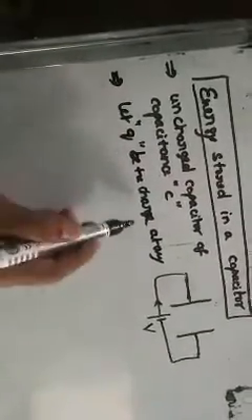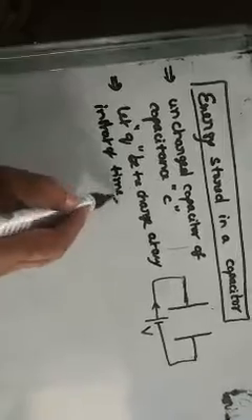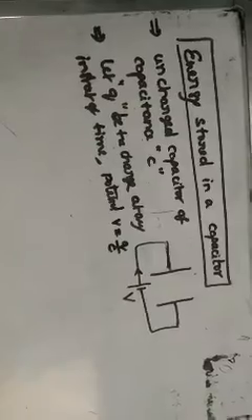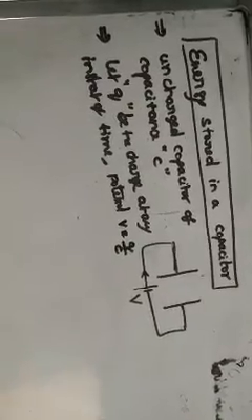Then the potential difference between the plates of the capacitor, what is the formula? V is equal to Q by C. This is the potential difference between the plates of the capacitor, if charge Q is deposited on the plates.